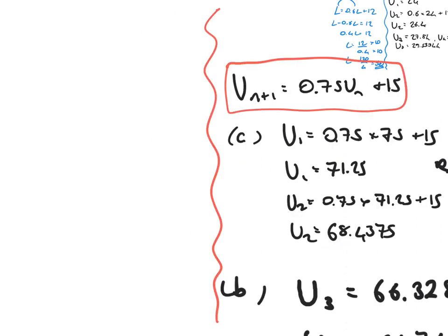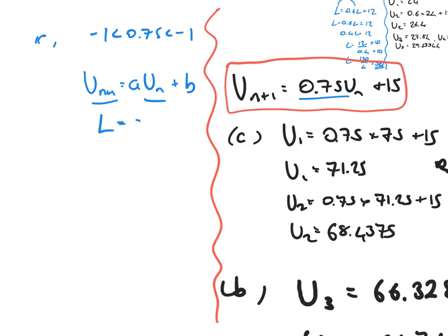Okay, the question then asks me to find the limit for part C. Does a limit exist? Absolutely, because 0.75 lies between -1 and 1. Remember again that if we reach the limit at u_n, the following term will be the limit. So at that juncture, we can say that L = aL + b, given that L is the limit, and the next term will be the limit again, because by definition I've reached the limit and that won't change.